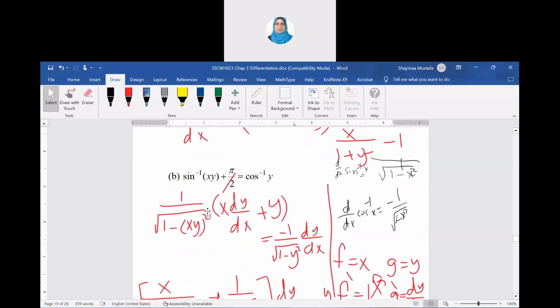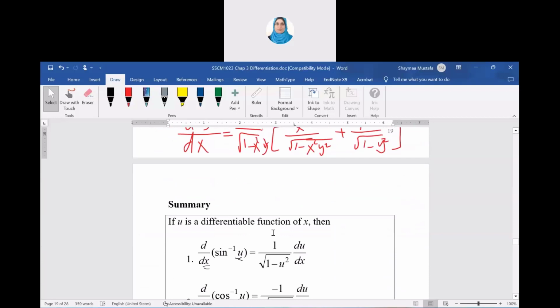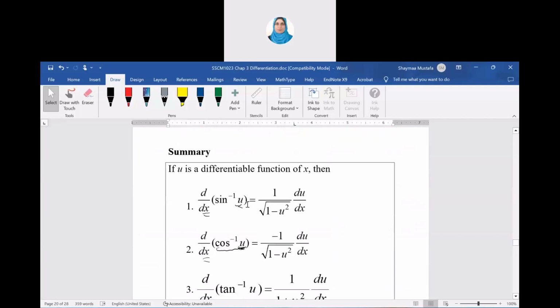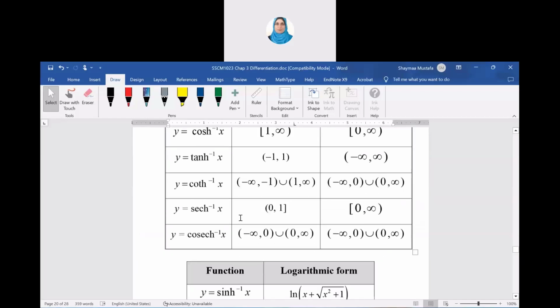Yes, I made a mistake here. Because this one is multiplied by x dy over dx and also by plus y, when I move the term to the right side, I just moved minus y, which is wrong. I have to move minus y multiplied by 1 over square root 1 minus xy squared. Yes, correct.